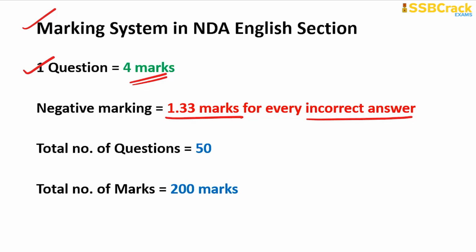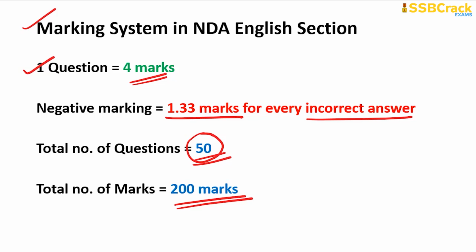The total number of questions in your NDA English section is 50, and the total number of marks is 200. This is a lot of marks, and you can score them very easily if you follow this study plan religiously.